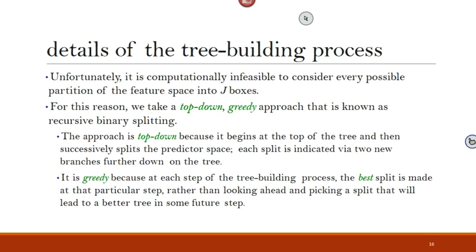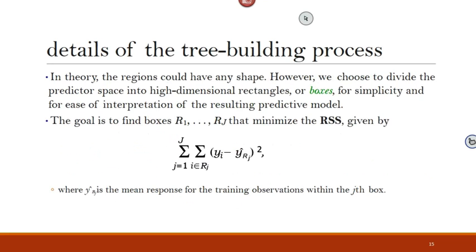Yes? Can you go back to the equation? What is the E? The i, e, or j under the sum? The capital J is the... Oh, this one? It looks like an E, but it means contained in, or belongs to.